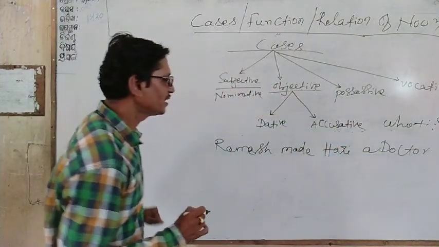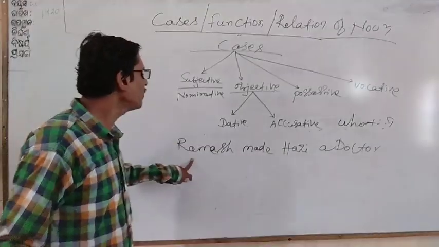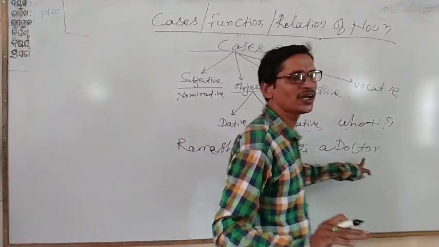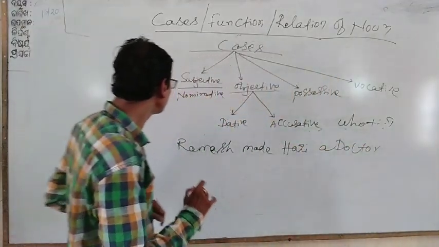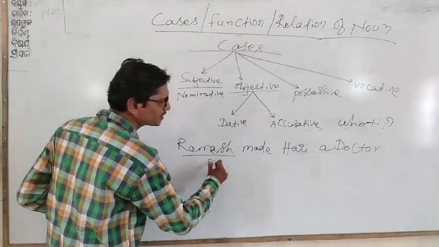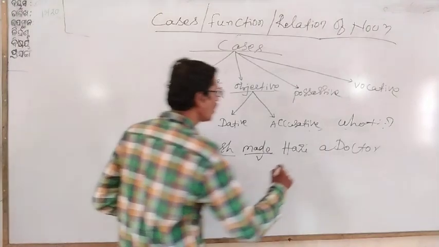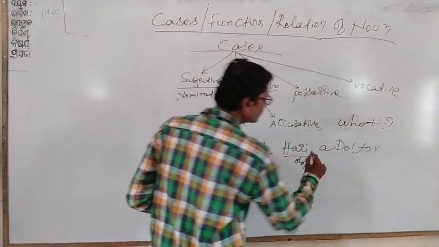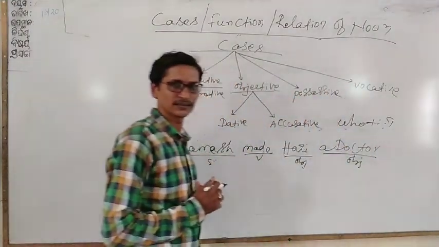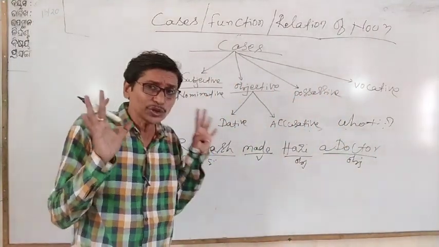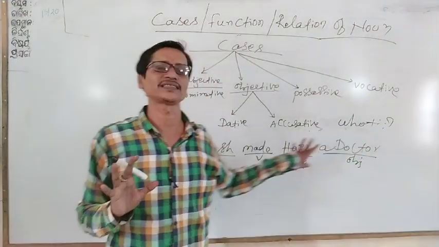You see, in this sentence, Ramesh made Hari a doctor. Here, Ramesh is the subject, made is a verb, Hari is an object, and a doctor is also an object. So here we should know that we have two different objects.